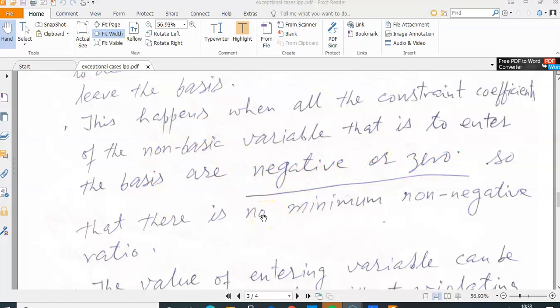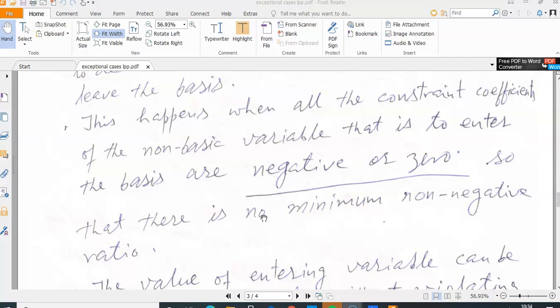In the simplex method, we determine a non-basic variable to enter the basis based on some criterion, and if in that column all the values are negative or 0, then there is no minimum non-negative ratio.